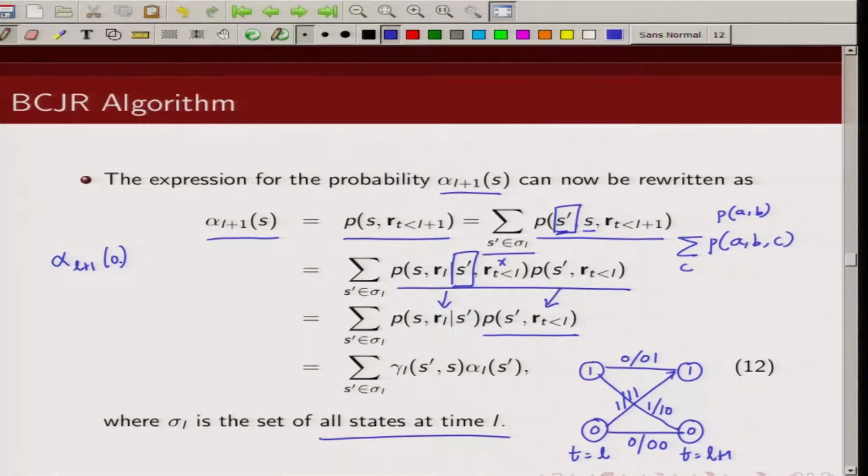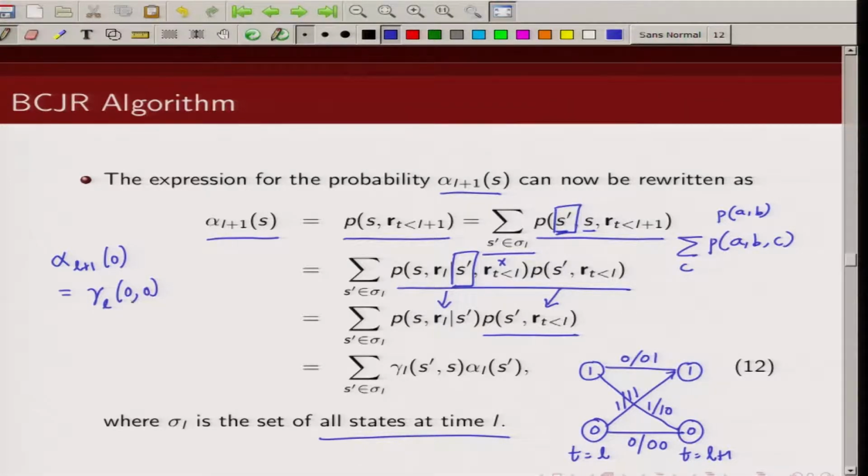Note here this is given by the product, summation over all input states. So, alpha L plus 1 of 0 can be written as gamma at time L of 0 0, which is previous state 0, next state 0, multiplied by alpha L belonging to state 0.